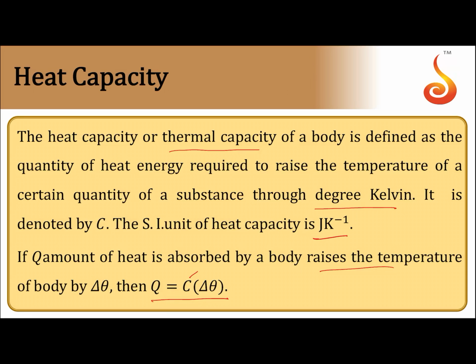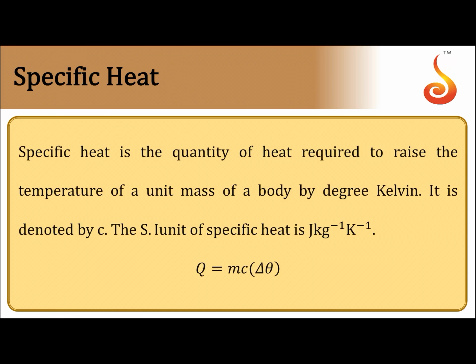Its unit is joule per Kelvin. Specific heat is the quantity of heat required to raise the temperature of unit mass of a body by 1 degree Kelvin. Its unit is joule per kg per Kelvin. So Q is equal to mc delta theta, where delta theta is change in temperature and c is called specific heat.